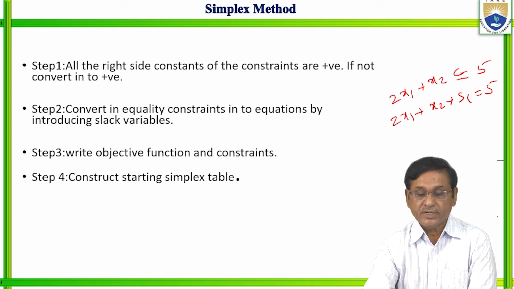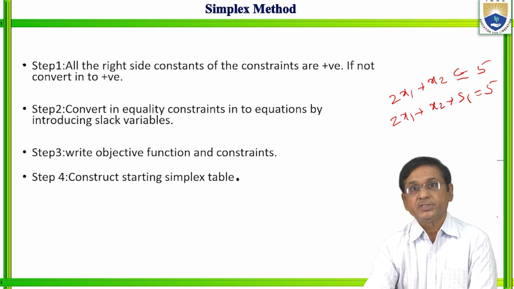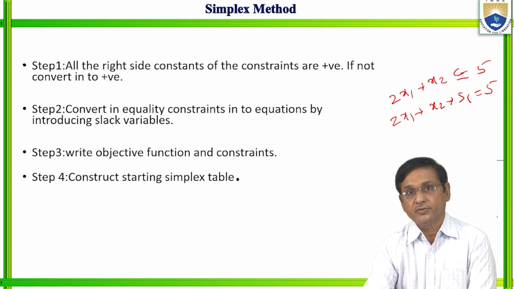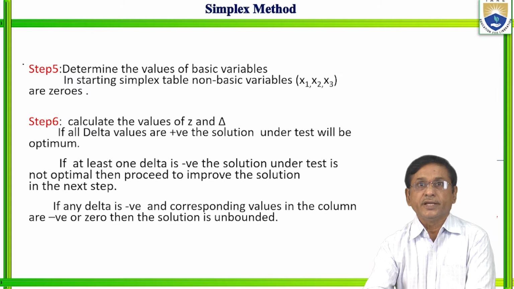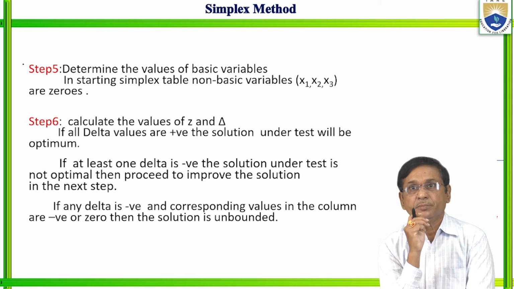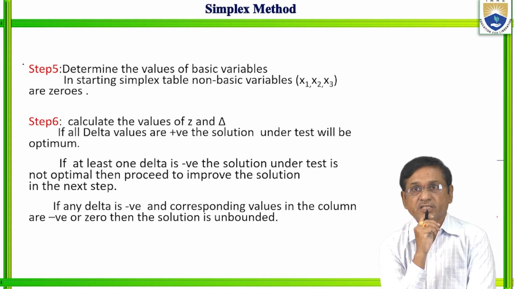So after converting the constraints into equations, write the objective function and construct the starting simplex table. Next, determine the values of the basic variables in the starting simplex table. The non-basic variables are zeros in the starting simplex table.